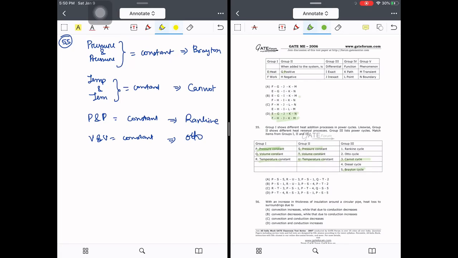In the Otto cycle the volume is constant, because heat addition is at constant volume and heat rejection is at constant volume.